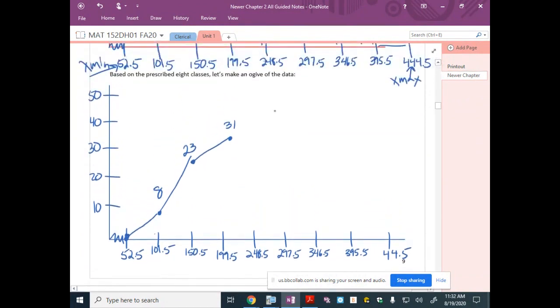And then 36. How about after that? 42, probably about here.